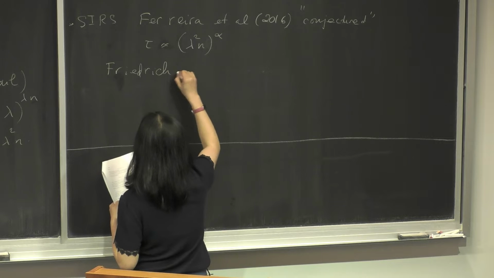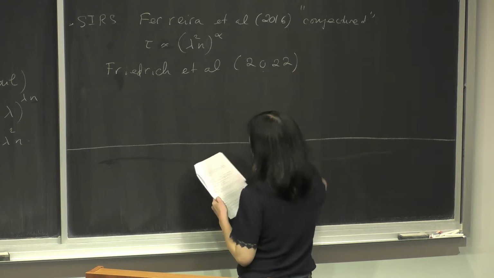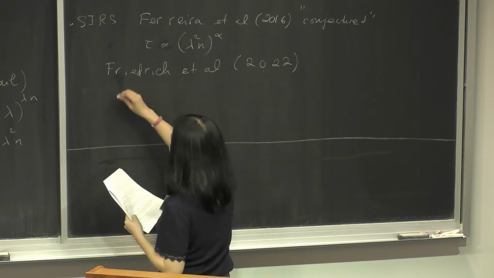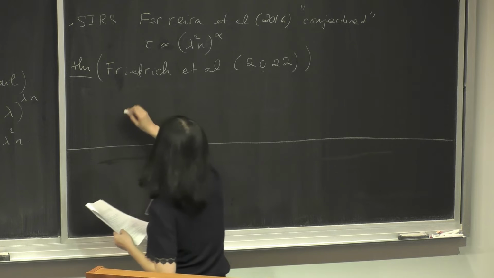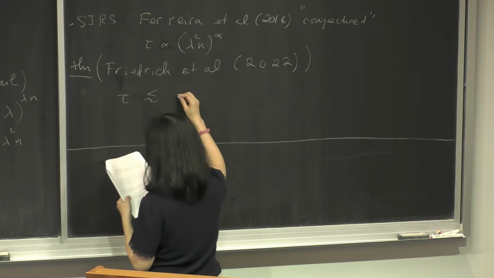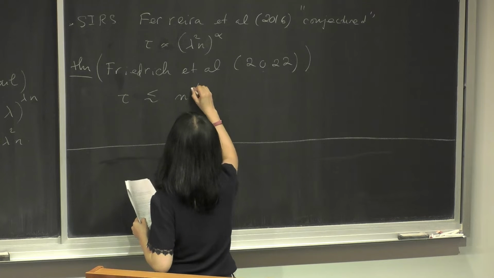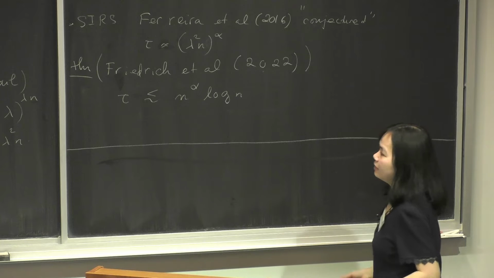Friedrich et al. in 2022 show that the survival time is smaller than n to the power alpha log n for any value of lambda.